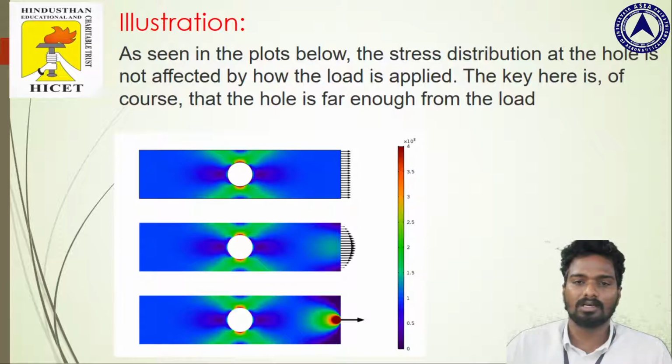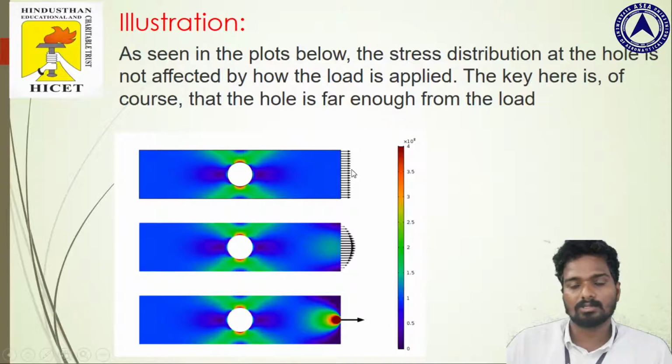Here you see a stress contour from a stress analysis software, where the different colors explain the different intensity of stresses developed in the body due to the applied force. As you see in these three examples, three different types of forces are applied.